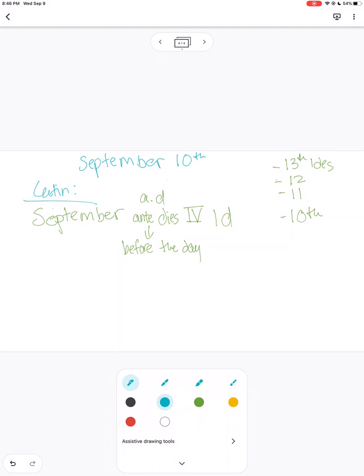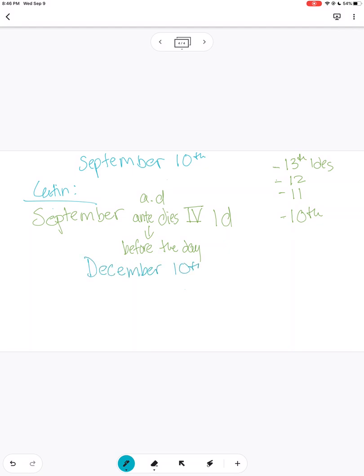We'll keep the 18th. How about we do December 18th? December, there we go, 18th. Okay, so we want to know in Latin, how would you say December 18th? Okay, so we know that December is December in Latin. So, December.